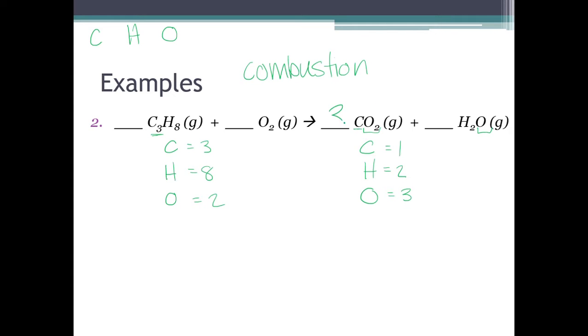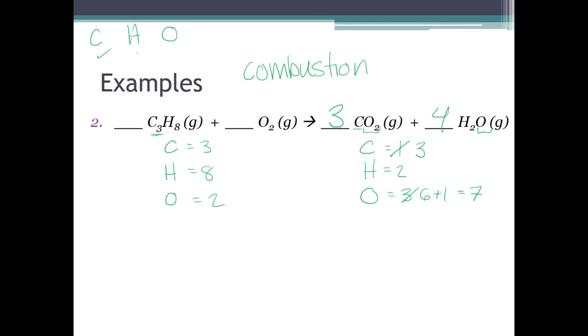So if we put a 3 right here, that'll bring us up to 3 carbons, but it'll also affect our number of oxygens. That'll give us 3 times 2 is 6, plus this one over here is 7. So that means that carbon is now balanced. Hydrogen and oxygen, not so much. So carbon, all set. Let's take a look at hydrogen next. We have 8 on the left and only 2 on the right.